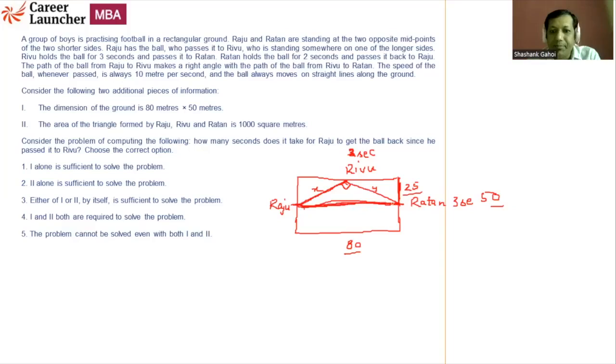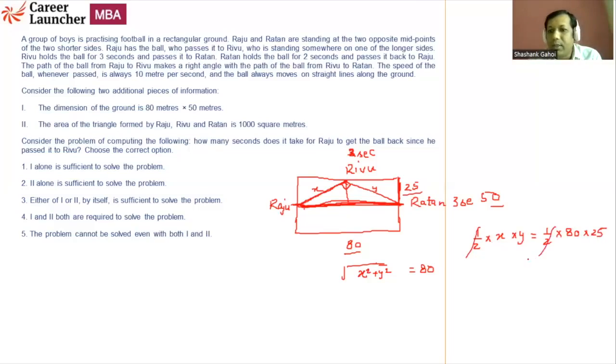This is 80 and because it is a right angle triangle, I can say root of x square plus y square is equal to 80. Now this is 80, this is 25. So what is the area? Area is going to be half into x into y, and that is equal to half into 80 into 25.